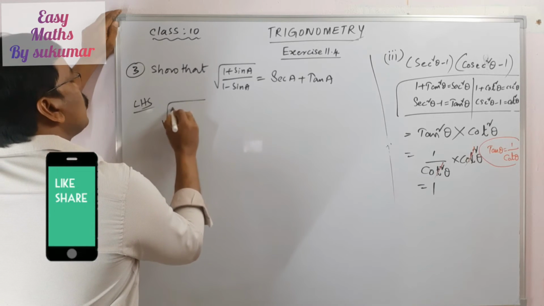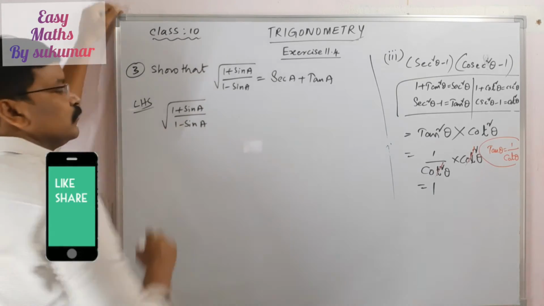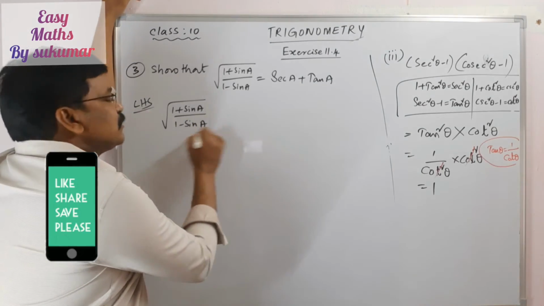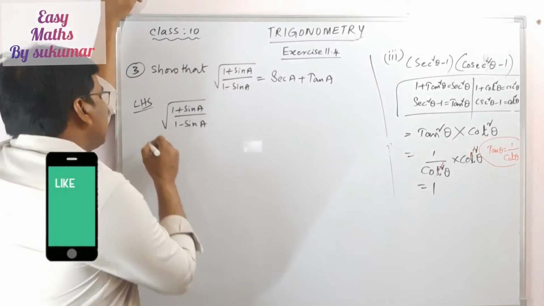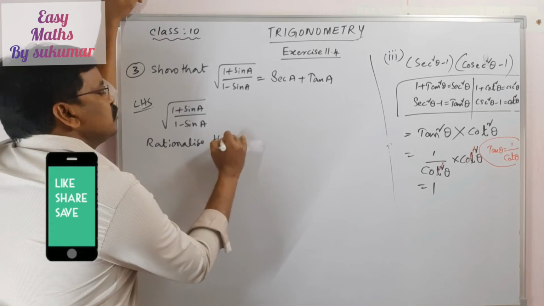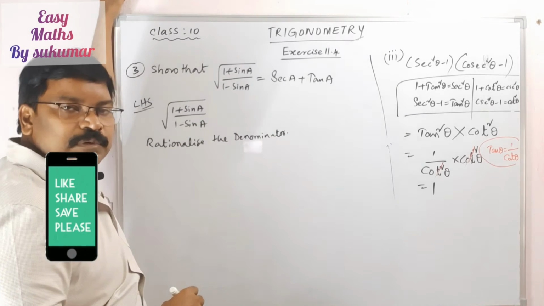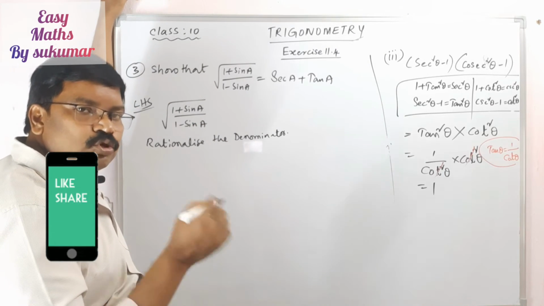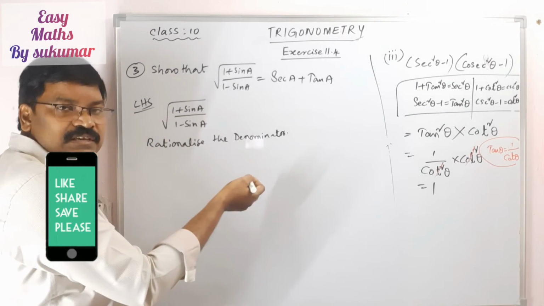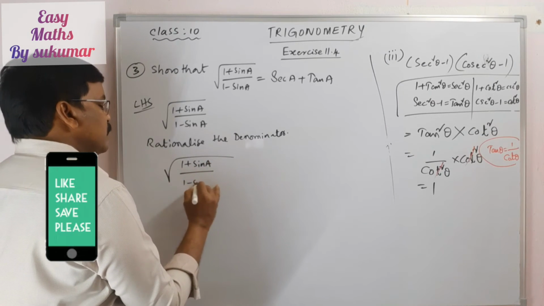What is LHS? Root of 1 plus sin A by 1 minus sin A. Here, what is it in the denominator? 1 minus sin A. Just rationalize the denominator. That means we should multiply the numerator and denominator with 1 plus sin A, right?